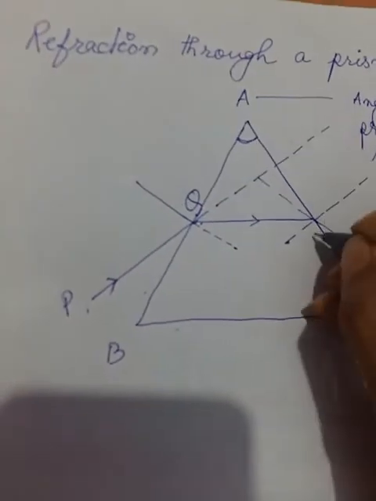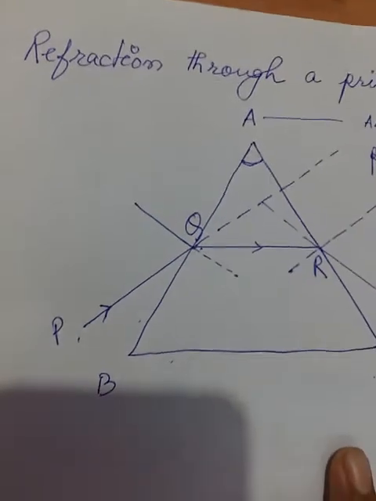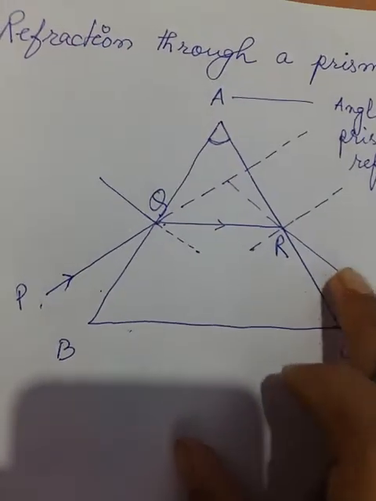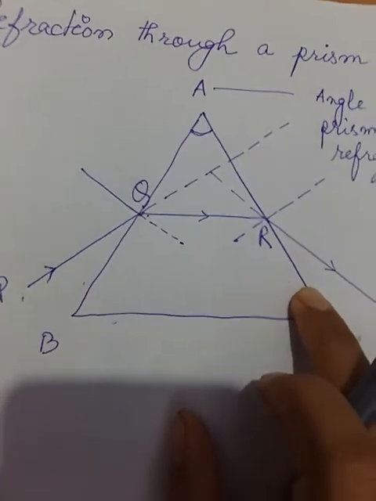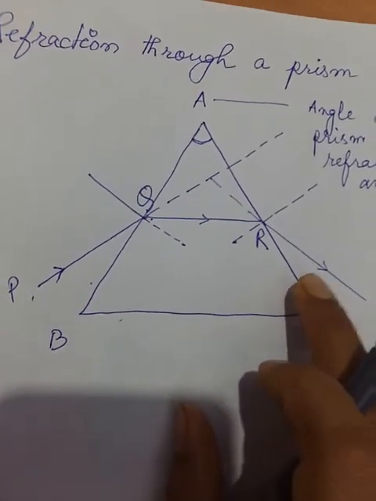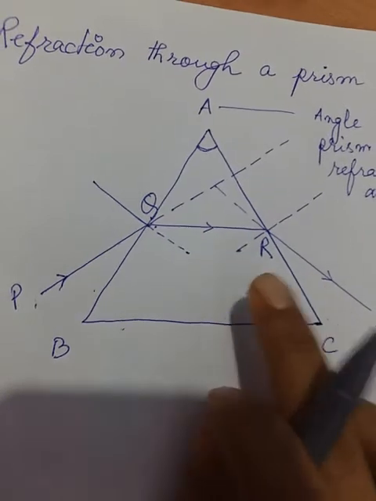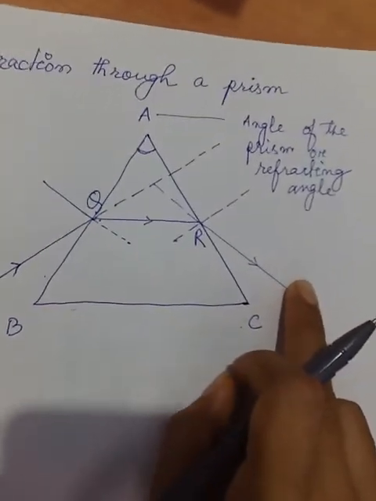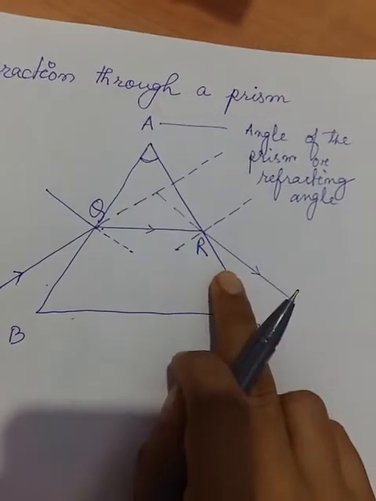Suppose this point is R. After bending towards the normal, it strikes the other refracting surface AC. When it strikes the other refracting surface, it now goes from denser to rarer. If denser to rarer, then it bends away from the normal.